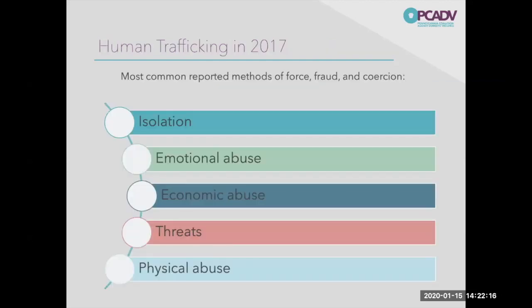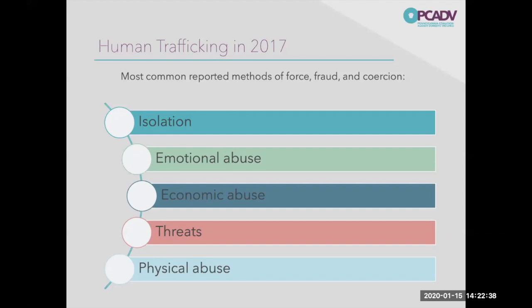The take-home point, and what I'm building up to here, is when we talk about force, fraud, and coercion, what do we see as the most common reported methods of this? We see isolation, we see emotional abuse, we see economic abuse, threats, and physical abuse. What does this look like to everyone, right?